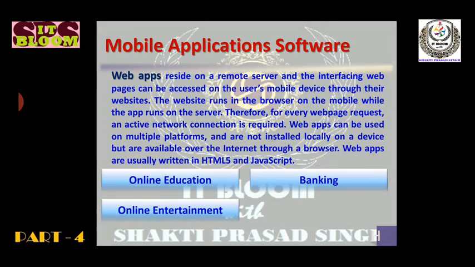Online entertainment. This is also a popular one, where you can play online video, and different apps you can install, but they will work with the help of the internet. Right? E-commerce business, like Amazon, Flipkart app is there.